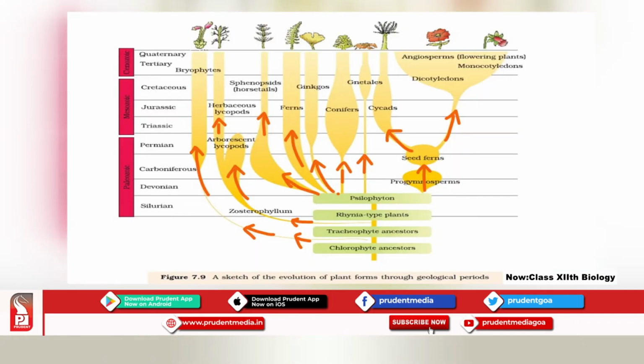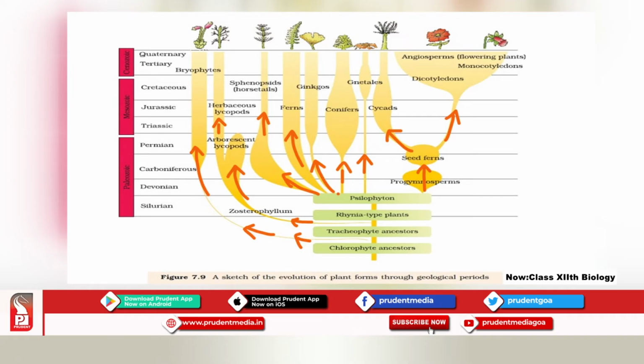One line of evolution has gone towards something like ferns, but they are called the lycopods, found either on the trees or they are very herbaceous, very small plants. And then the Xylophyton, in the true sense you can call it the ancestor of all the dicots and the monocots. Then it is also the ancestor of many gymnosperms.